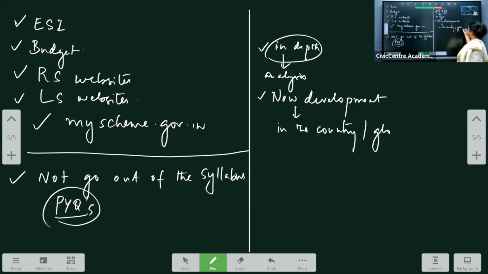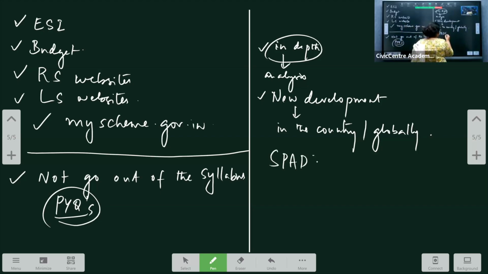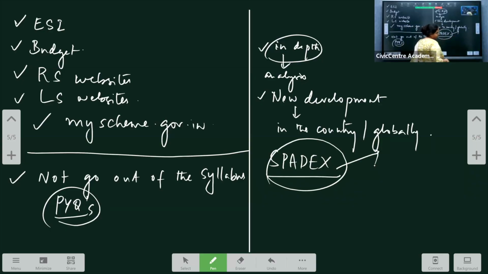Right? Now, if we are talking about SpadeX, that is recently in news, the technology is again an Indianized version of what is happening in the US, right?